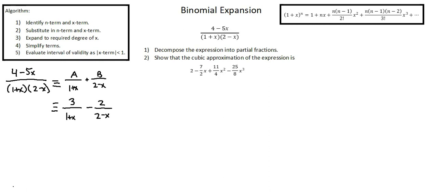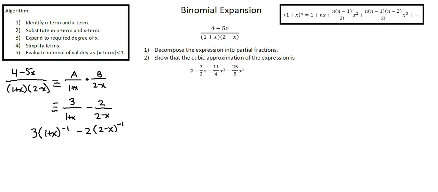And now going back outside of the identity, back to our expression, we've split our original expression into two fractions. So now to set up our analysis for binomial expansion, our first term is 3 times (1 plus x) to the power of negative 1, minus 2 times (2 minus x) to the power of negative 1.